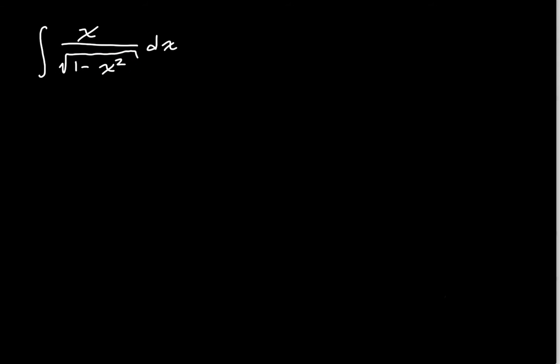So I'm going to say that x is equal to the sine of theta. Hence, dx d theta is equal to cosine theta, or dx is equal to cosine of theta times d theta.